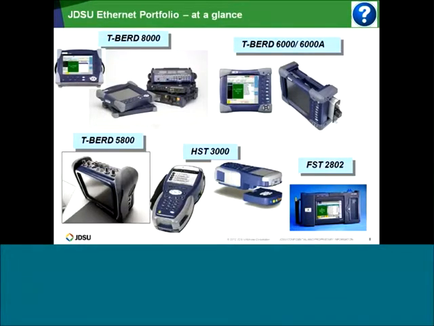The T-BERD 6000 and 8000 are modular platforms that allow you to do both advanced optical diagnostics and also the testing on the Ethernet side. And of course, the HST 3000, that is the oldest portable in terms of Ethernet testers, and it's quite a popular piece of test equipment.